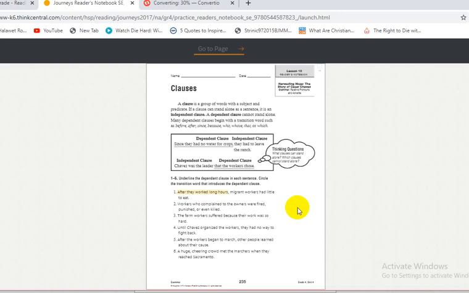Workers were fired, punished, or even killed. That's the independent clause. And the dependent clause is what? Who complained to the owners. So who complained to the owners is our dependent clause. Okay? And what is the transition over here? The word who. Okay? Who is the transition.